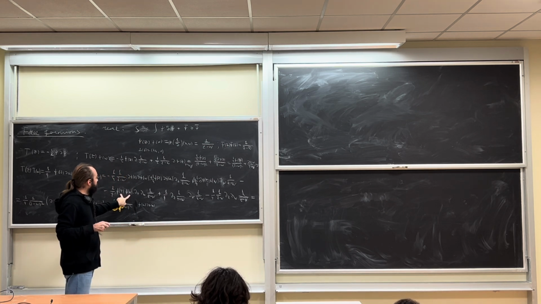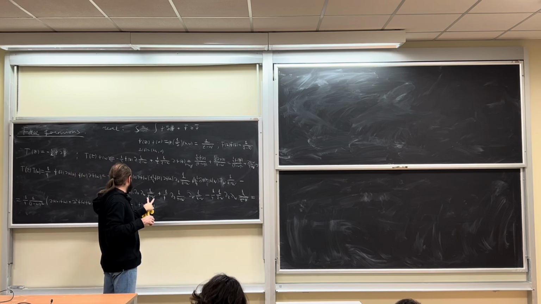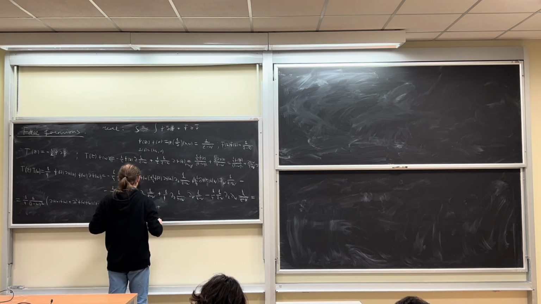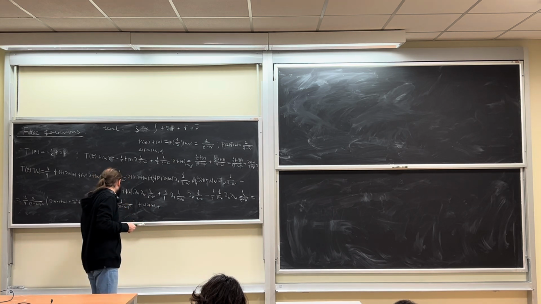Now about this one. So this derivative will equal 2 over z minus w cubed, minus 2 over z minus w cubed.